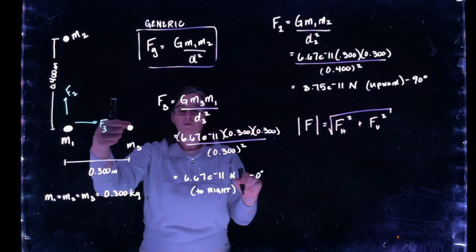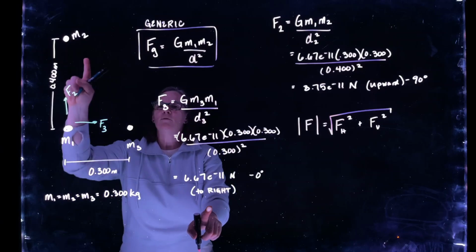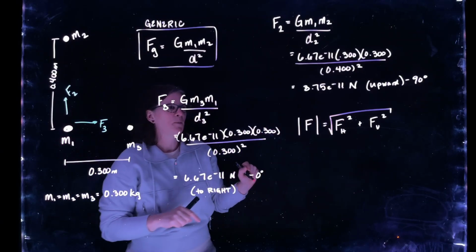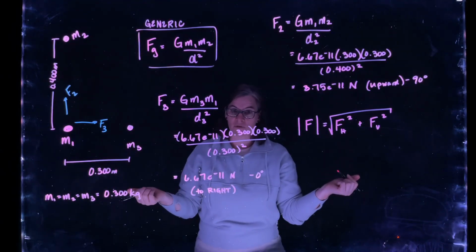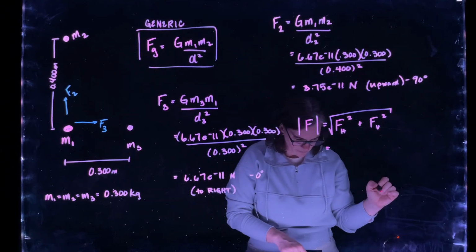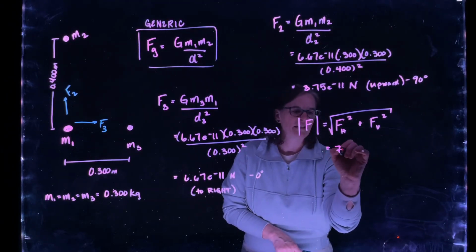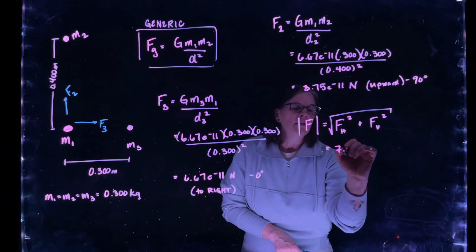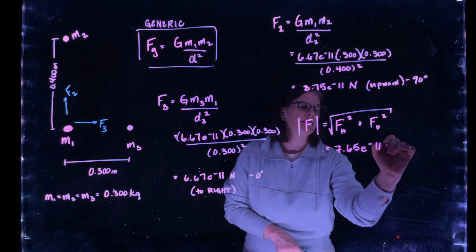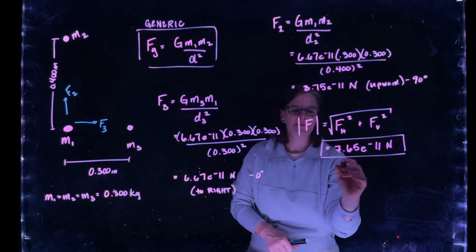So I have one force of 6.67 times 10 to the negative 11 pointing to the right, one force of 3.75 times 10 to the negative 11 pointing up. I'm going to use Pythagorean theorem to get the net force acting on that object, and we find the net force acting on that object to be 7.65 times 10 to the negative 11 newtons. So that's the magnitude of my force.